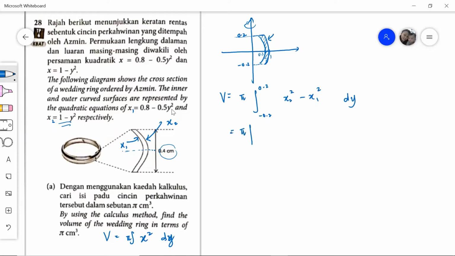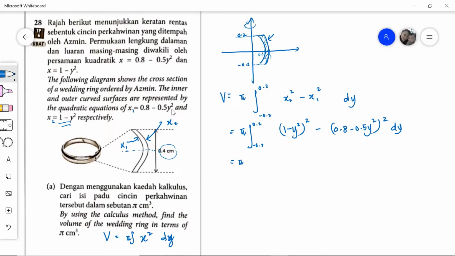So pi from negative 0.2 to 0.2. The outer curve is 1 minus y squared, and we square it, minus the inner curve, which is 0.8 minus 0.5 y squared, and we square it, dy.